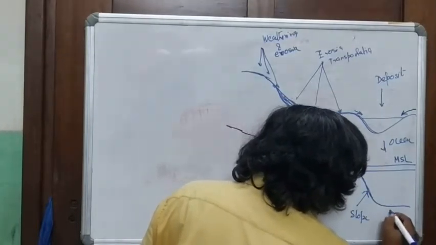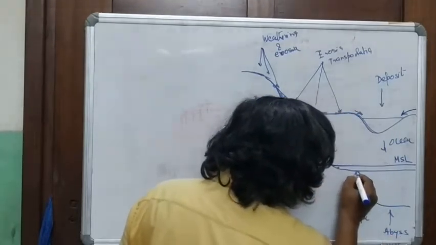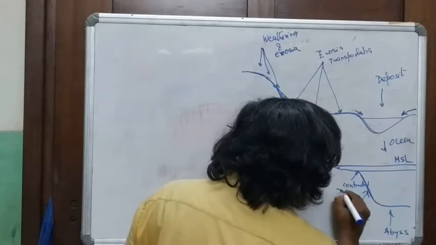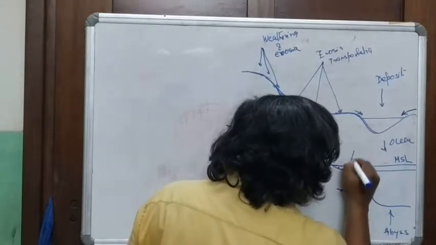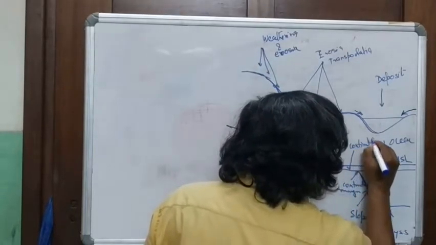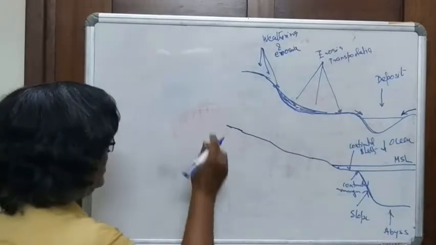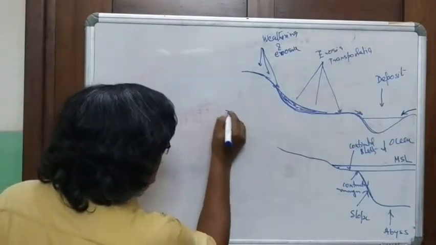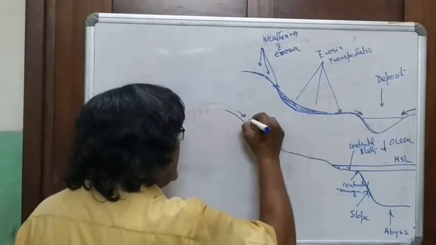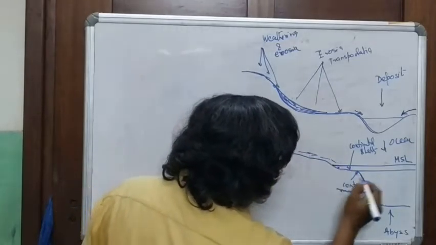This is the abyss, and this is the continental margin, and this is the continental shelf. So you can have a sediment that is being deposited as materials are being transferred from the hill down the plains and finally into ocean basins.